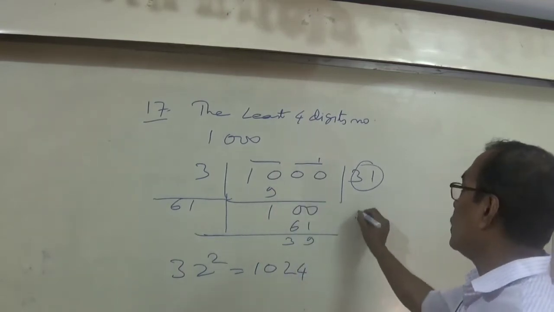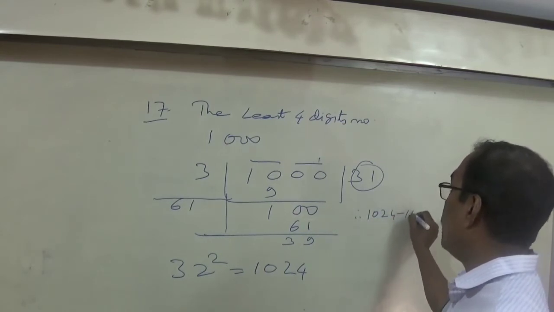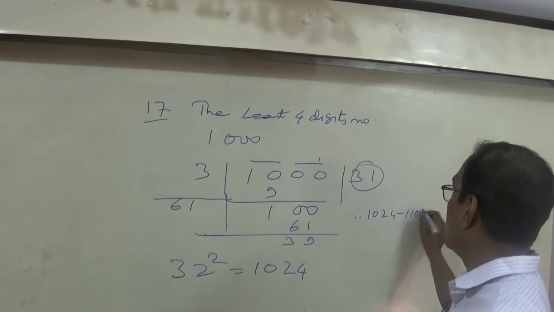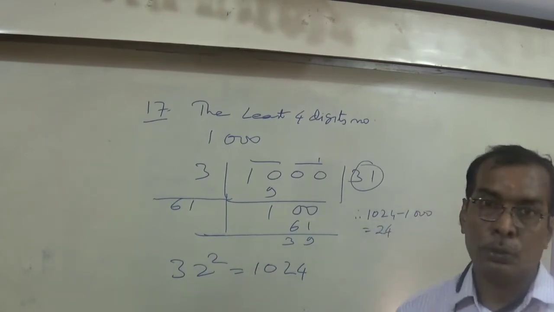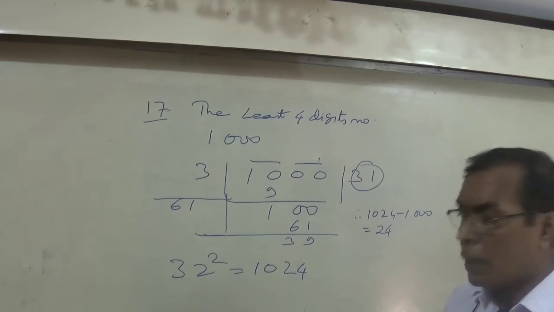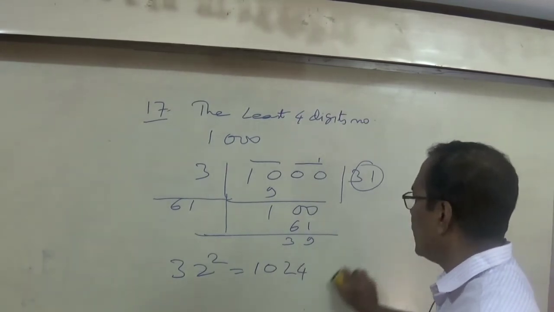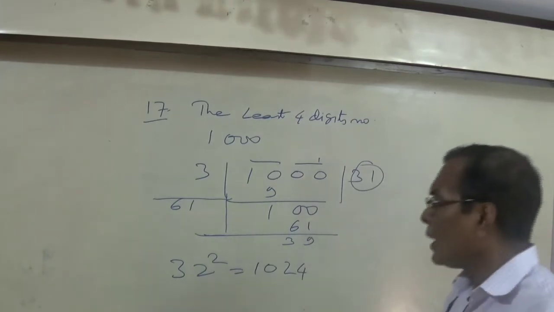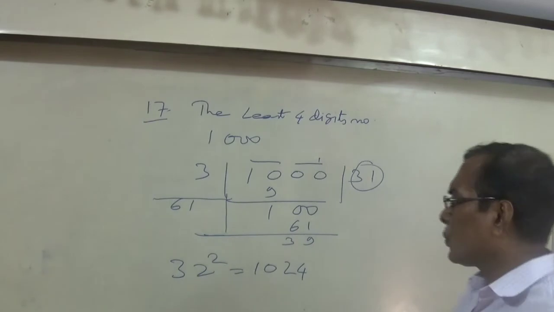So you will have to make this number 1024. How much is required to add? 1024 minus 1000, which is equal to 24. 24 is required to add. But it is not our target how much is required to add. In that case, we can say that this is the least 4 digits number which is a perfect square.